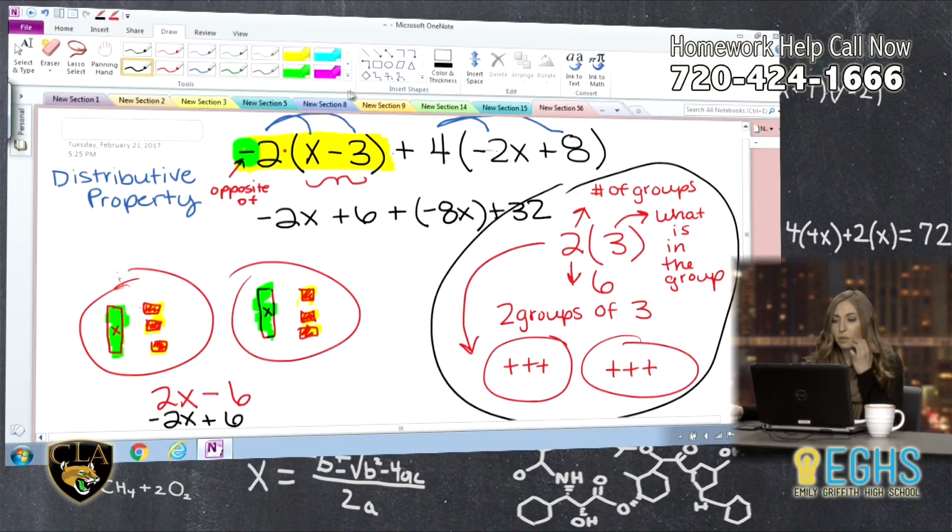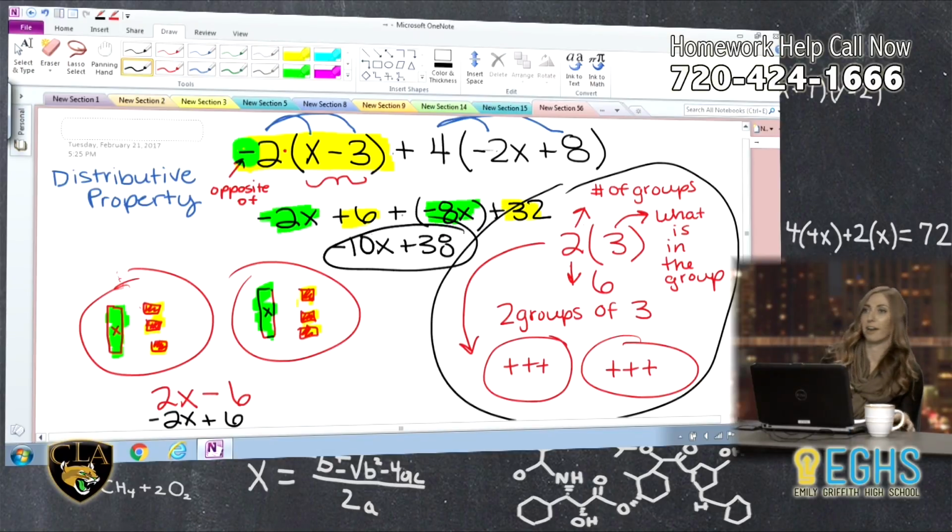Now I just want to combine anything that is the same. I've got negative 2x and negative 8x, which together give me negative 10x. And I'm also going to combine 6 and 32, which gives me 38. So ta-da, we've simplified.